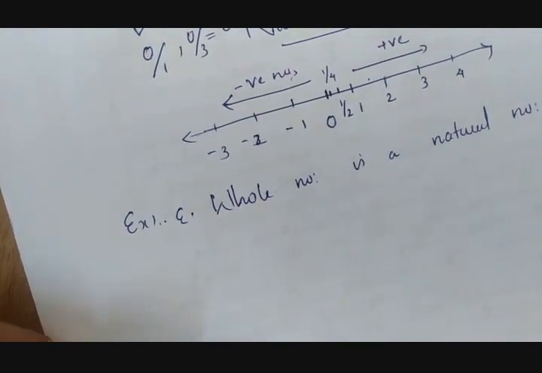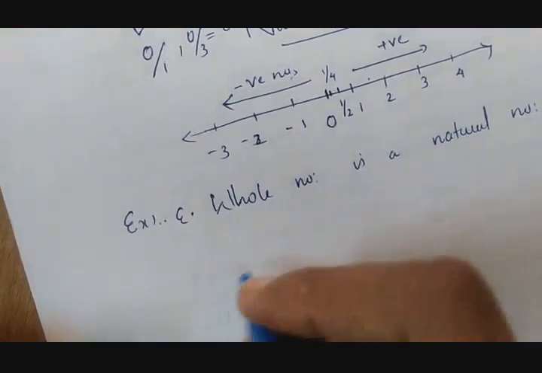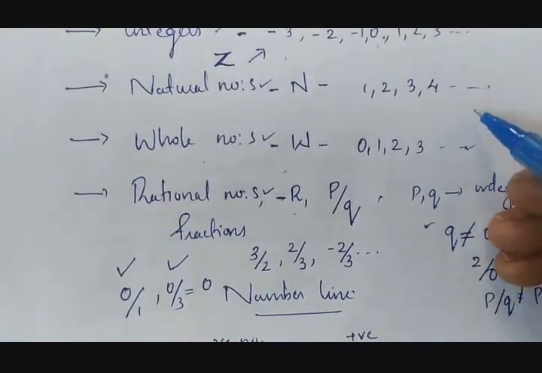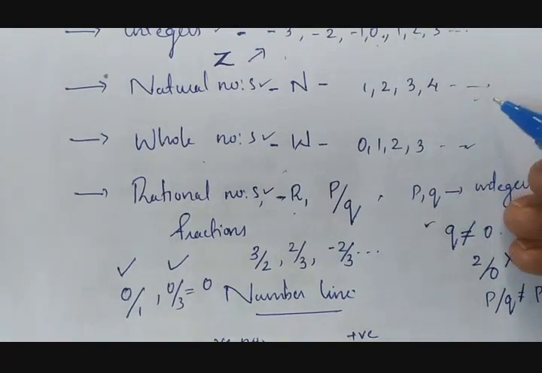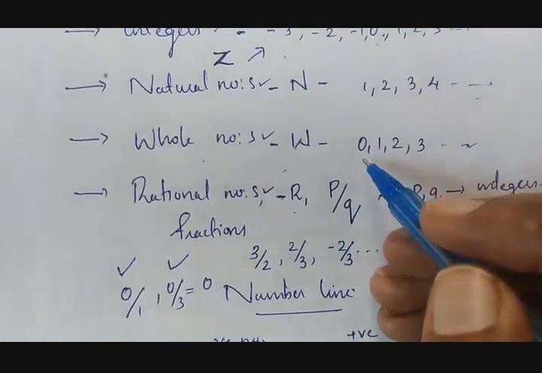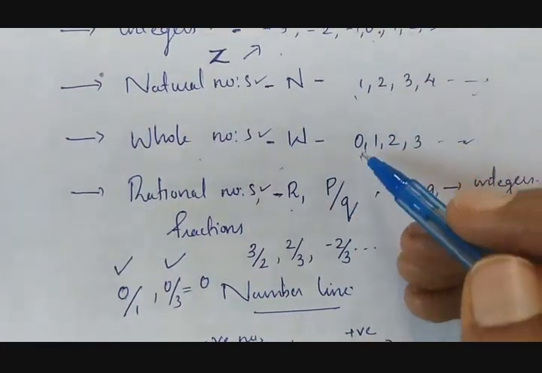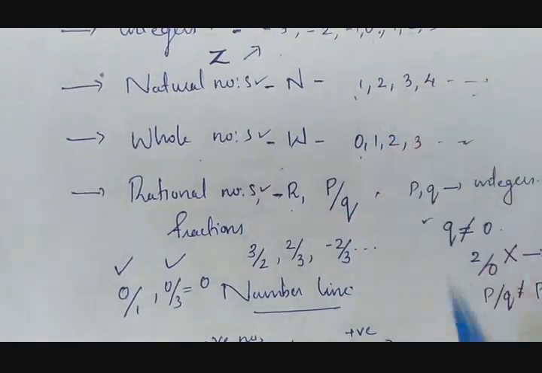We have to state whether it is true or false. Is it correct or not? Every whole number is a natural number. It is actually false because 0 is not a natural number. All other numbers are present here, but 0 is not present in the natural number set.